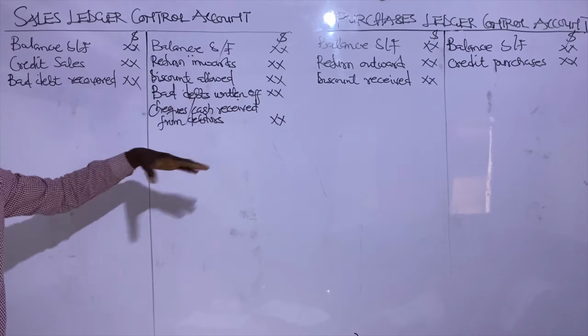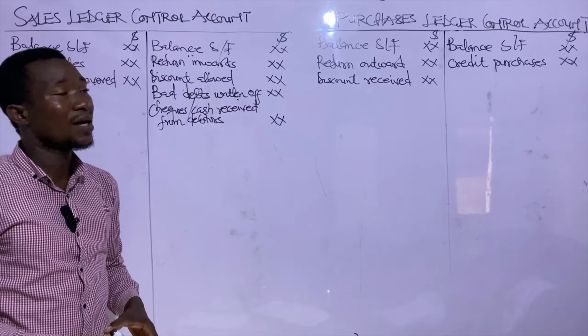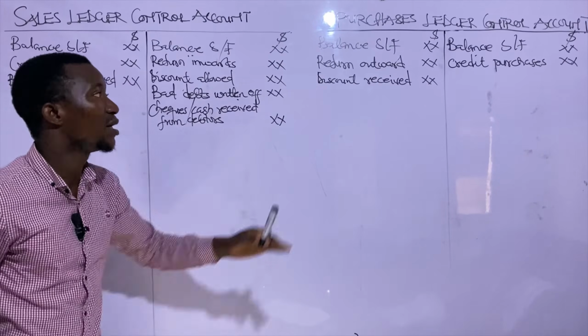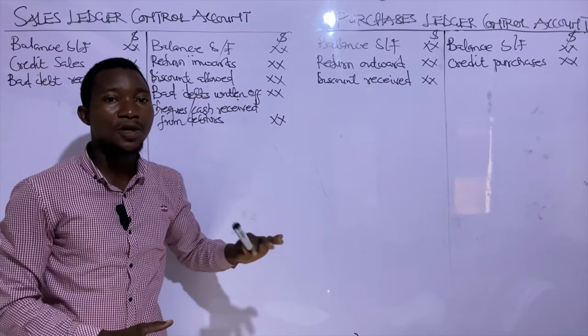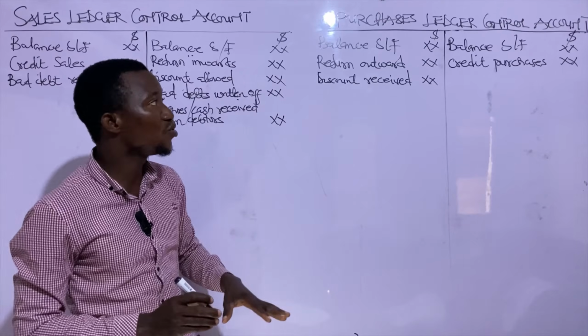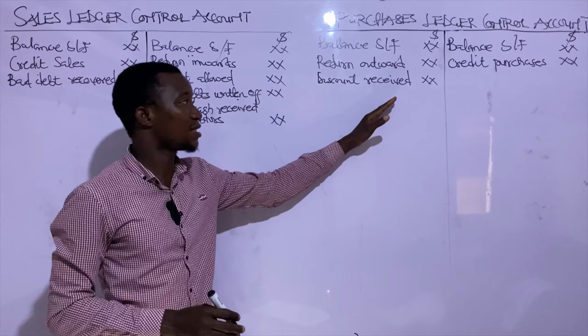The same way, we as a business can also make cash or check payments to our creditors. When this happens, when we make payment to them, their balance will be reduced. The amount of money we, the business, owe the creditors will reduce. And any item that reduces the creditors' balance should be recorded at the debit side of the purchases ledger control account.